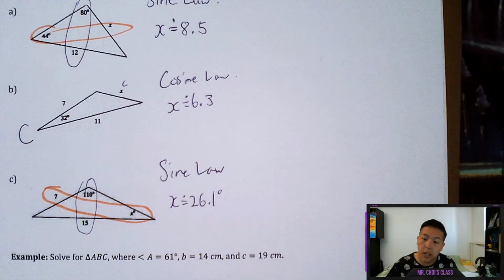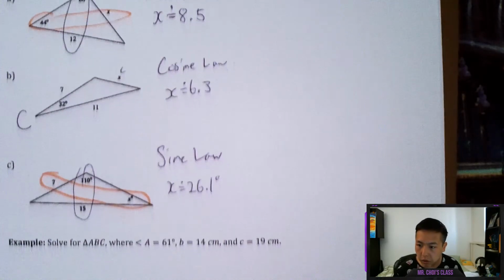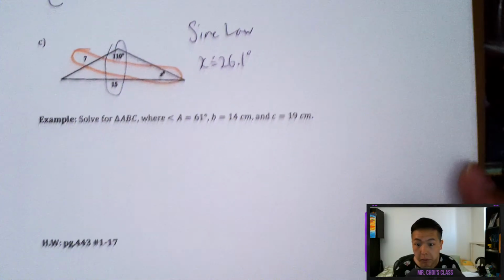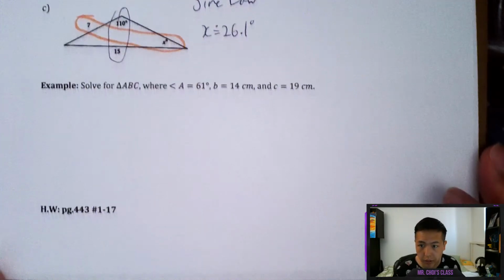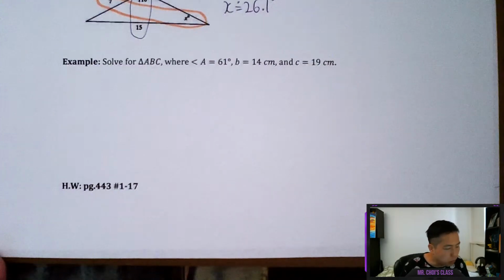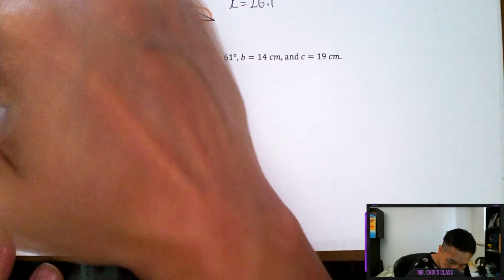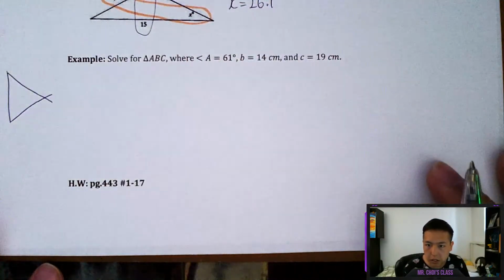But the main reason why I'm just giving you the answers for these three is because I want to go over this next example, and this might take around 5 to 8 minutes just to solve. Okay, so this is important for us to go through here. So we're given triangle ABC. I'm just going to quickly draw out triangle ABC. Say something like this.